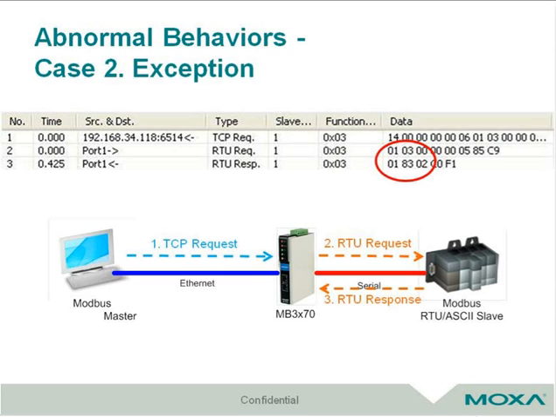Case 2 is an exception, when the RTU slave receives the request correctly but cannot handle it. For example, if the request is to read a non-existent output or register, the RTU slave will respond with an exception response, just like I highlight on the slide.